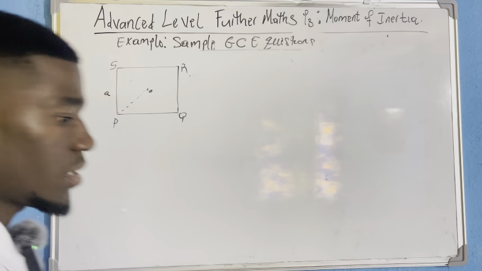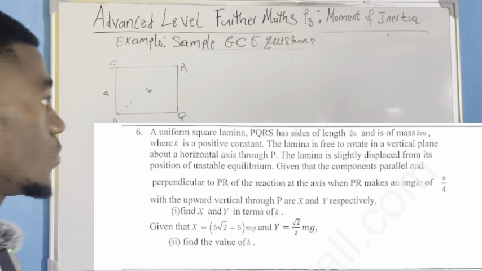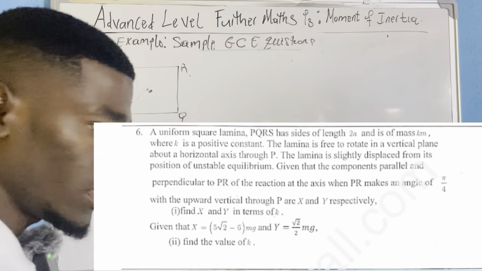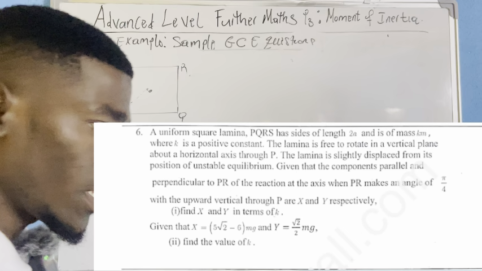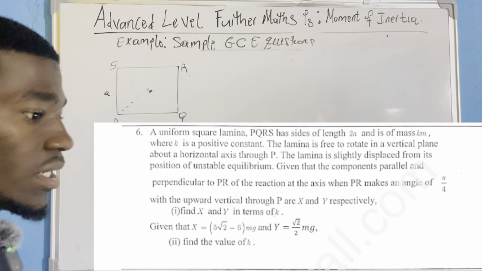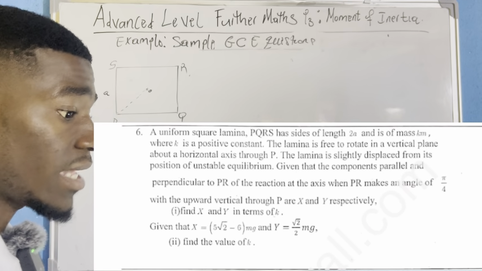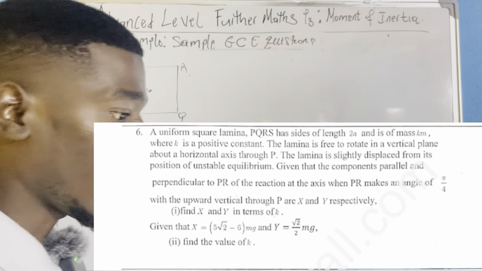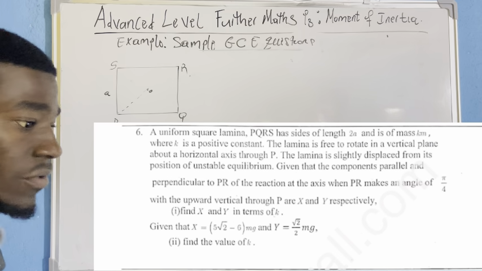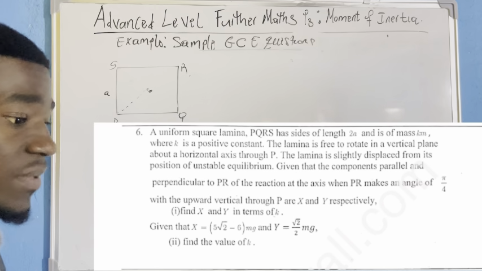After drawing our laminar, they are saying that the laminar is slightly displaced from its position of unstable equilibrium, given that the components parallel and perpendicular to PR of the reaction at the axis, when PR makes an angle of pi over 4 with the upward vertical through P, are X and Y respectively.